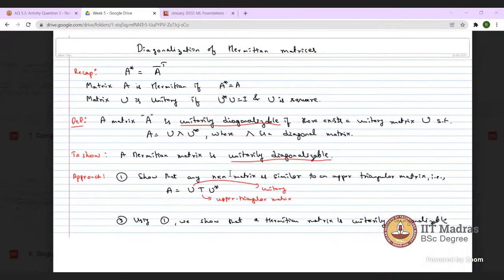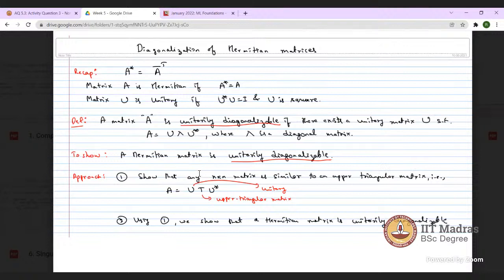If you have a matrix A which is Hermitian, then we'll have a unitary matrix U such that A equals U lambda U star, where lambda is a diagonal matrix which has only the diagonal elements.